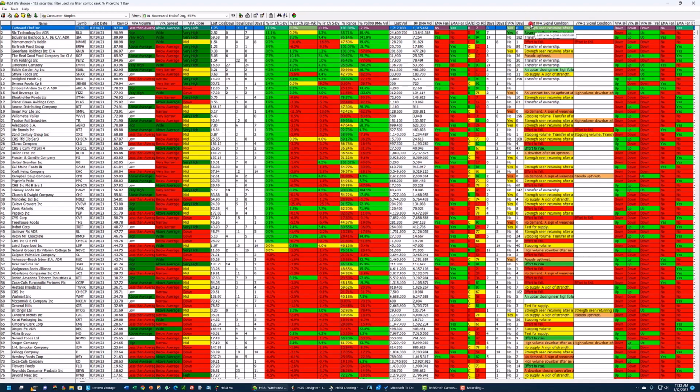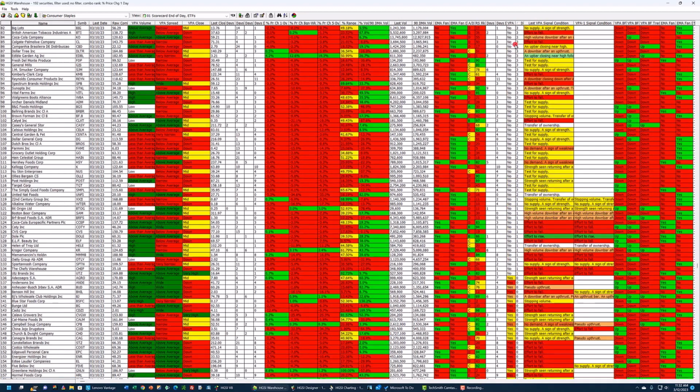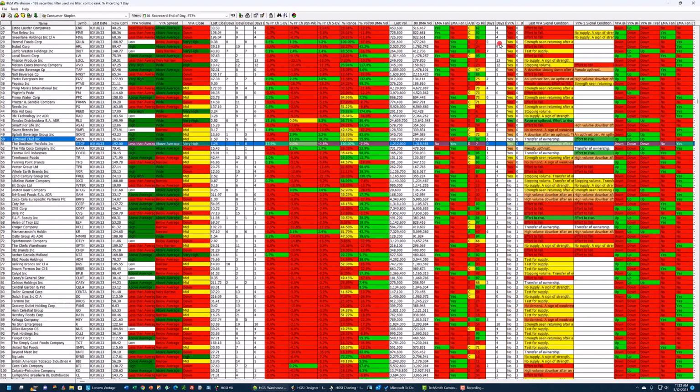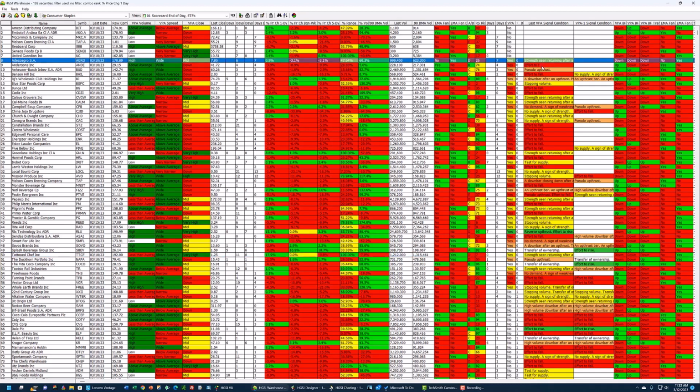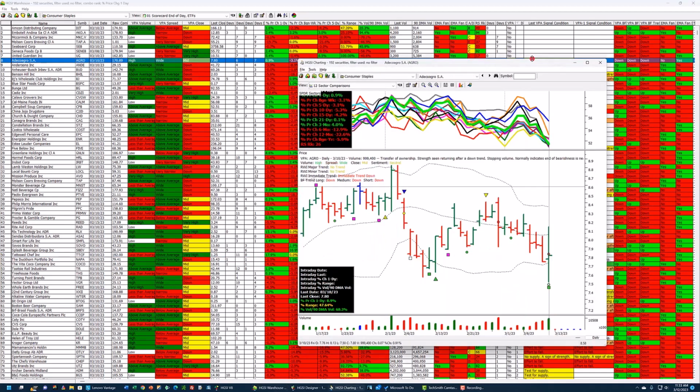If you want to see if there were VPA signals, sort on this column, days since last VPA signal. If there's a 0, there was a VPA signal. And yellow strengthening returning on this one.